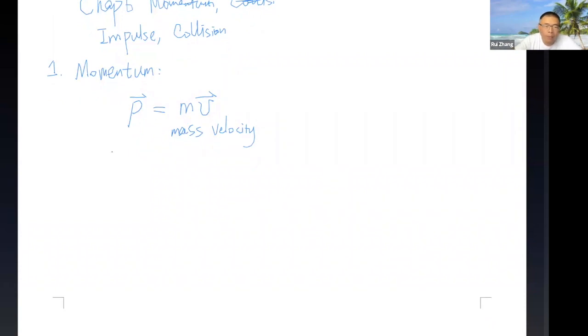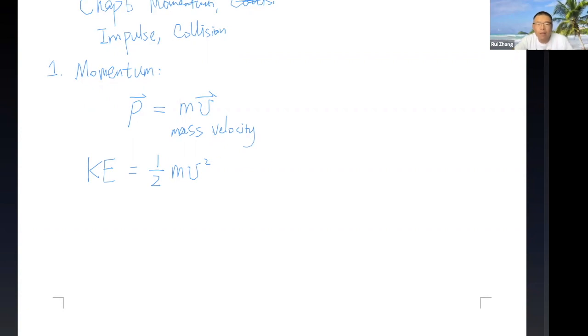Now, notice in the previous chapter, we talked about kinetic energy, which is also related to mass and velocity. They're kind of similar, but they're not the same, okay? For one thing, clearly there's no 1/2 here, and there's no power of 2 here.